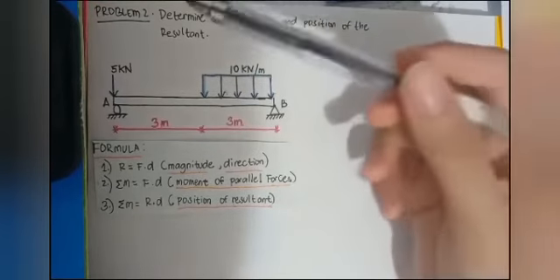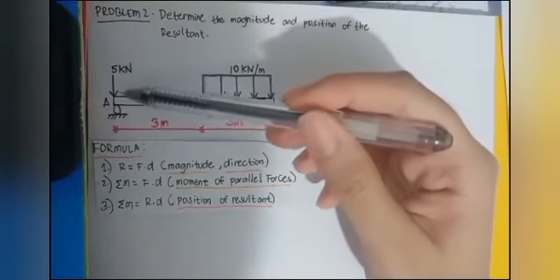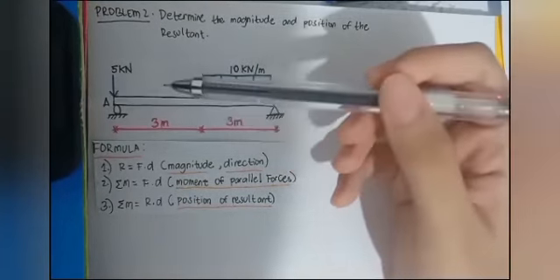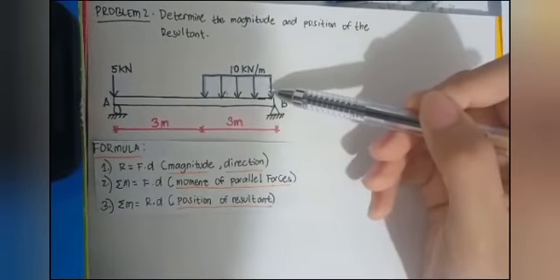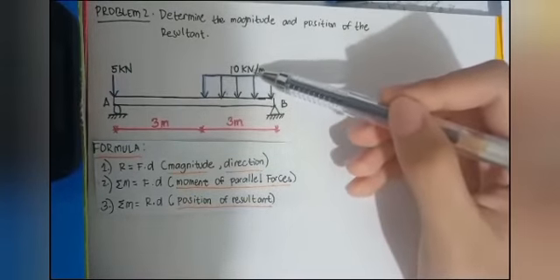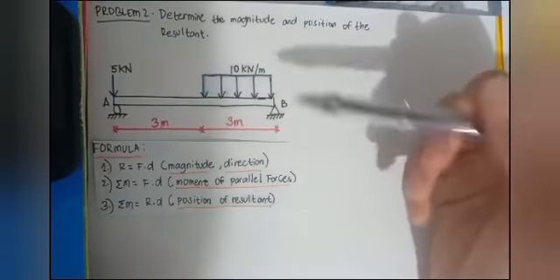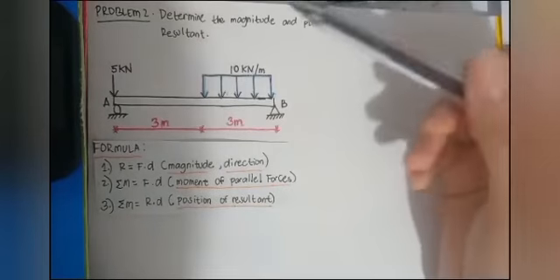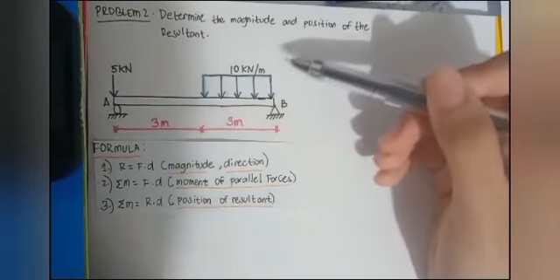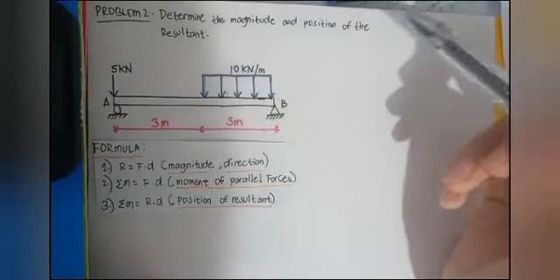We have one point load going down, and we also have the uniform load that is 10 kilonewtons per meter. For this example, we will use kilonewtons and meters as the units.